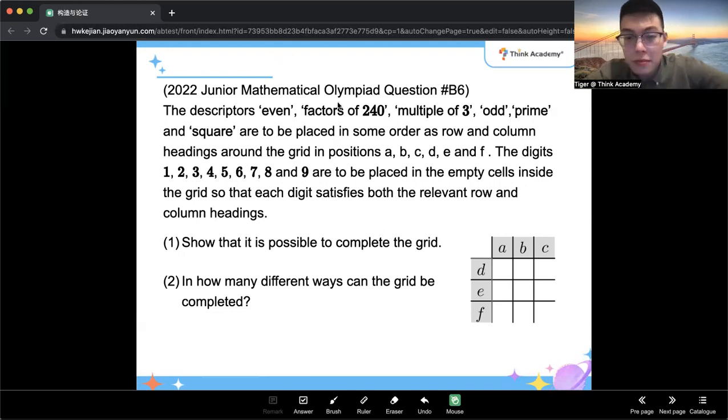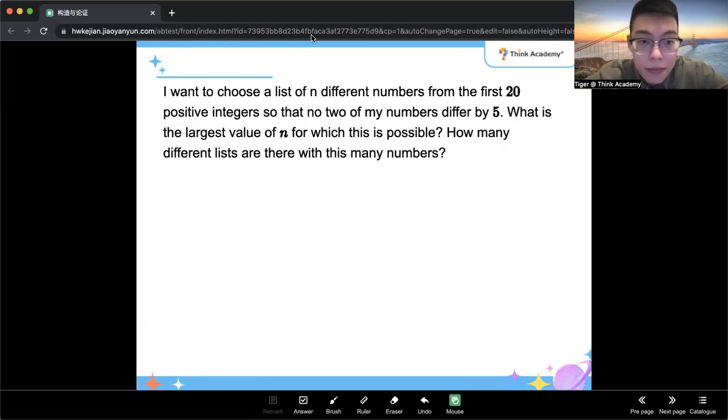All right, so let's see what we have here. Basically, this is one of those number theory type construction problems. It says that I want to choose a list of n different numbers from the first 20 positive integers such that none of them is having a difference of 5.